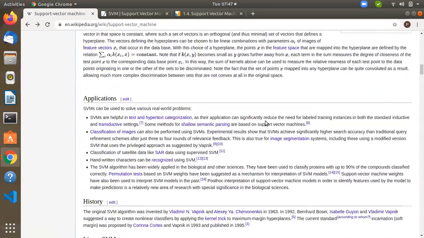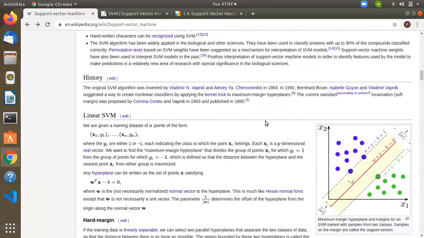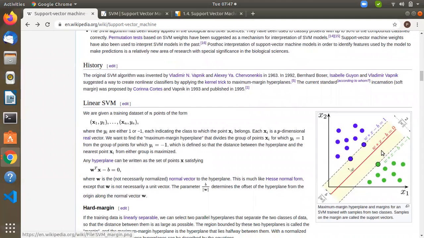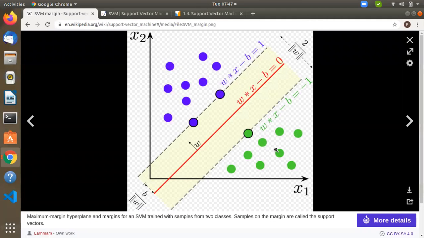And one more thing I used to say, see here, I'll be explaining the important terms here, which are very useful in cracking an interview with respect to SVM.